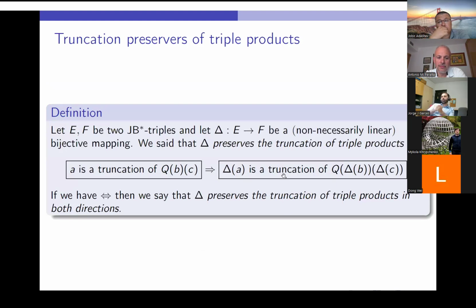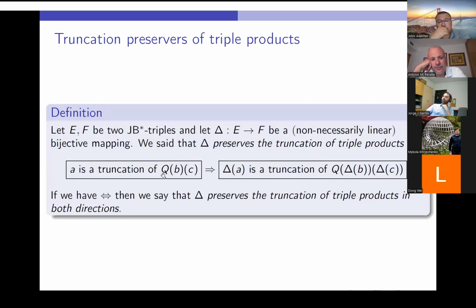So what is the problem we're going to study now? Well, we're going to try to generalize to the triple setting these results about truncations of products of operators. So we are going to study bijective mappings between JB*-triples that have this property here. a is a truncation of {b, c, b}, so this is the product, if and only if delta of a is a truncation of the triple product of delta of b and delta of c.